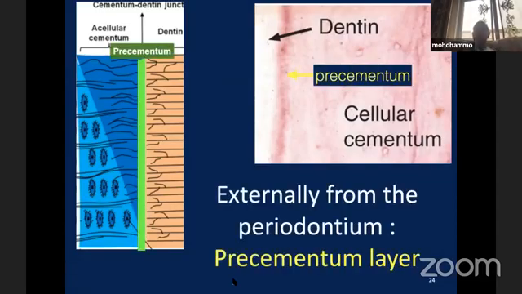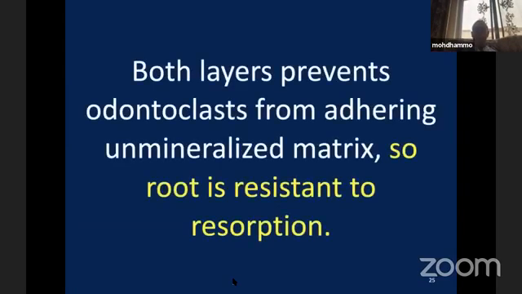It is called pre-cementum, which is externally from the periodontium. Those two layers, pre-dentine and pre-cementum, play a very important role in protection from resorption. They prevent odontoclasts from adhering to the unmineralized matrix, so the root is resistant to resorption.